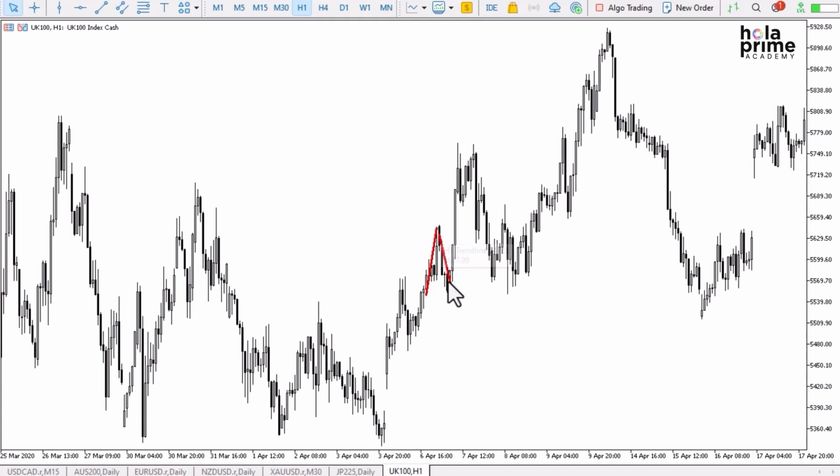And you can see that we formed the shoulder here. The left side had the head and then ended up forming the right shoulder. And while it looked like the index was going to start selling off, you'll notice it never did. We did break above this shoulder over here.